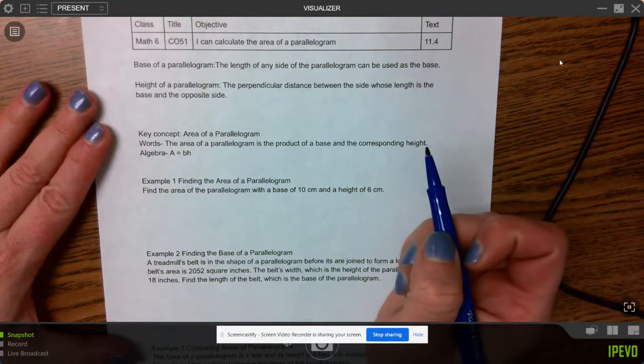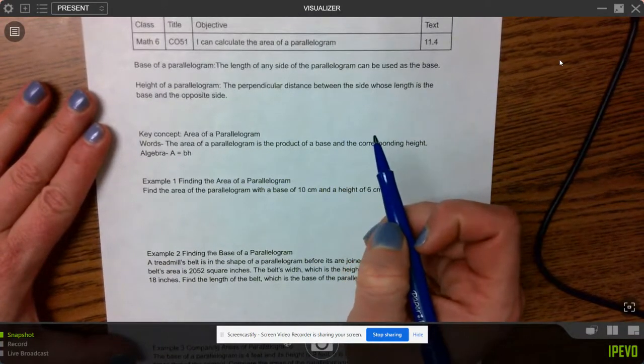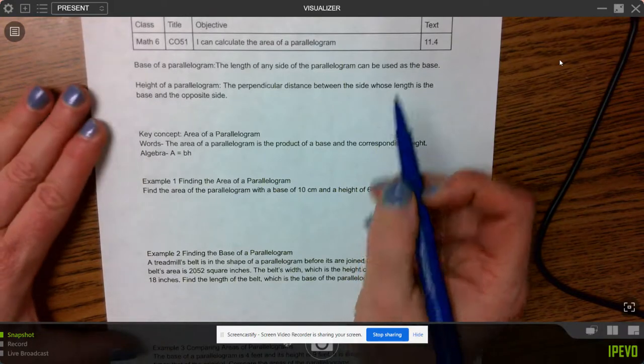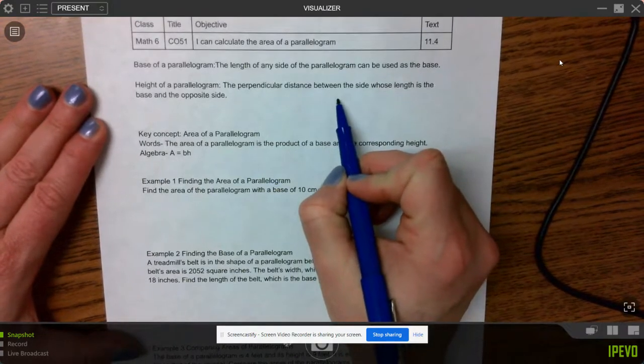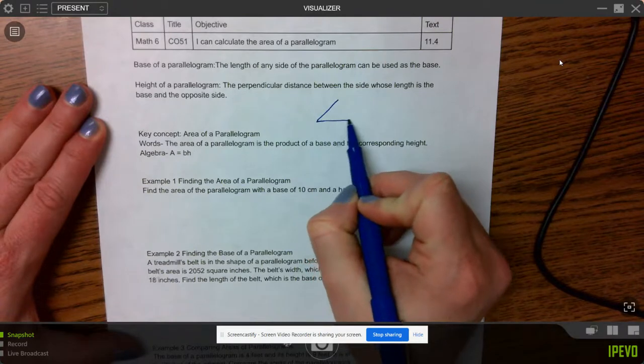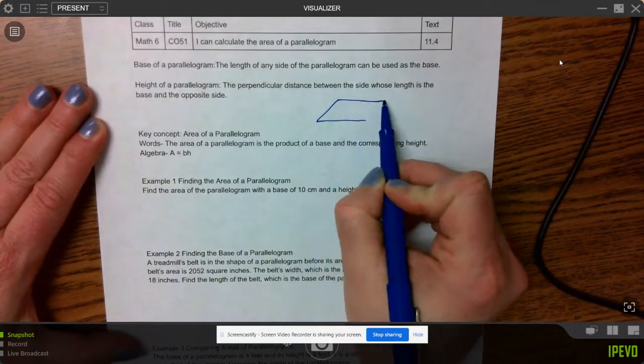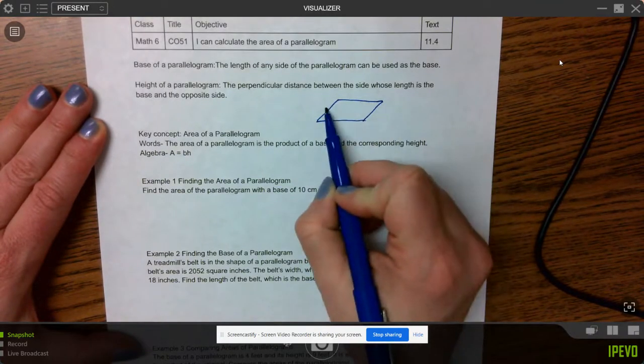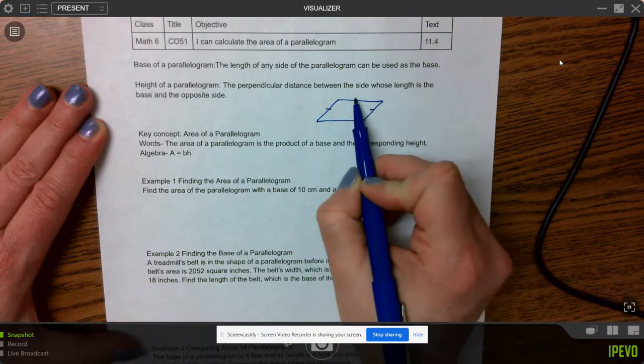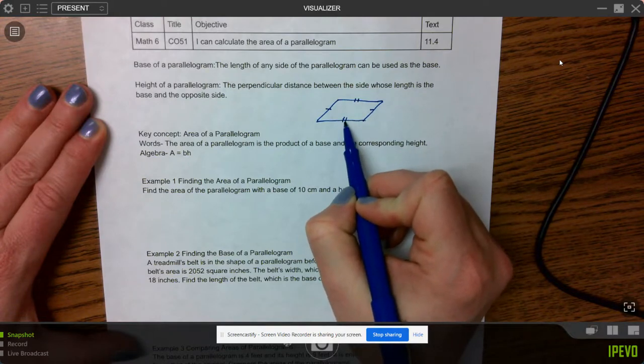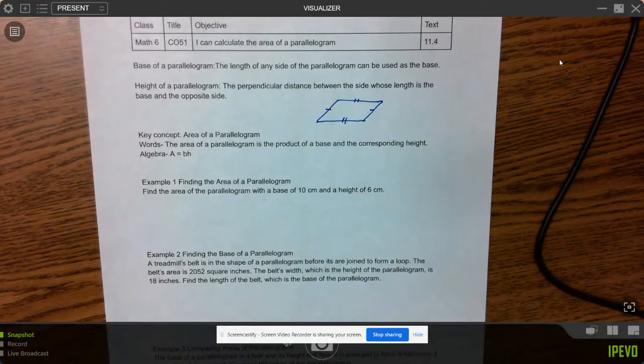So we know that a parallelogram has four sides to it. A parallelogram is kind of like a rectangle, but it's slanted. This side is equal to this side, and then the two long sides are equal to each other.